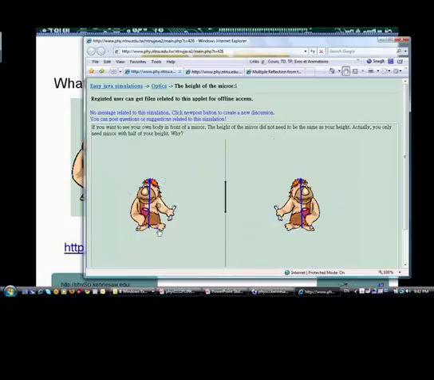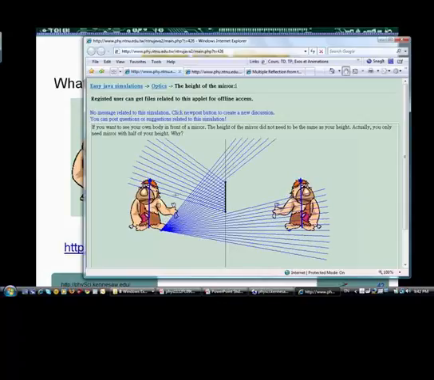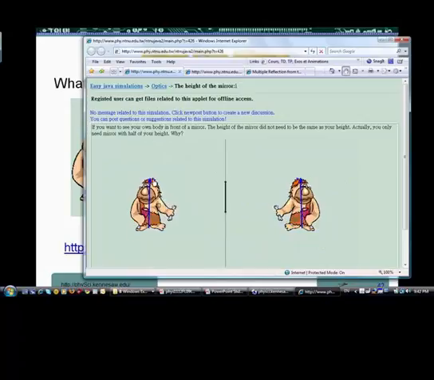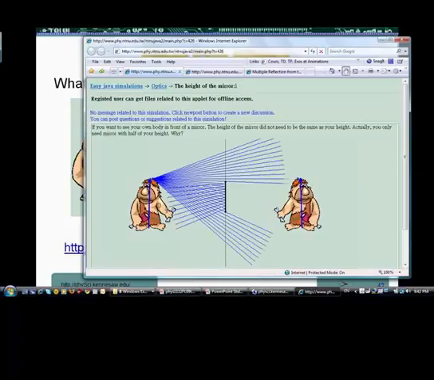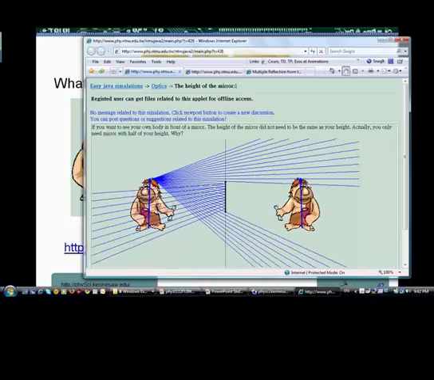So now you notice that light coming from the toe, part of it is going to be able to reach the eye. Light from the hair, some of it barely gets into the area of the eye.